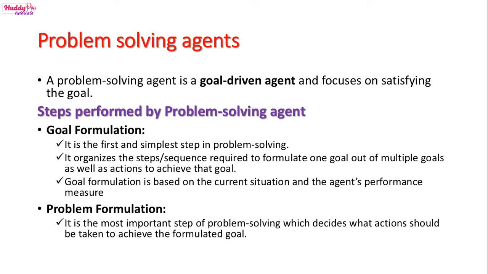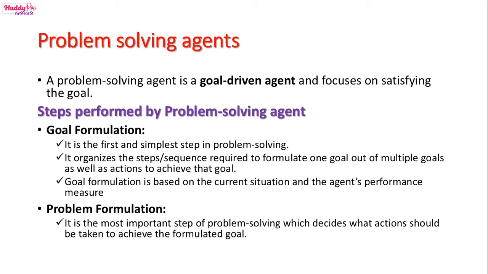What goal is it aimed at achieving? And after knowing that goal, then it will have what we call the problem formulation. What steps is it going to take in solving the problem so that it reaches that particular goal? So goal formulation is the very first step and the simplest step in problem solving.